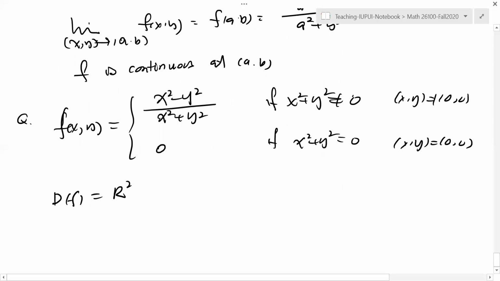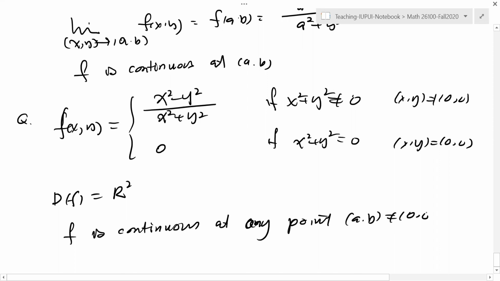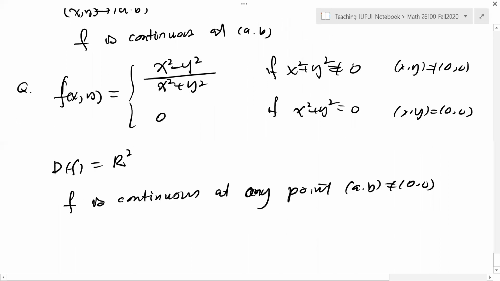How can I tell where the function is continuous? From the above argument, first, f is continuous at any point which is not the origin. Clear. But how about the origin? Because it's already defined, I can talk about continuity.